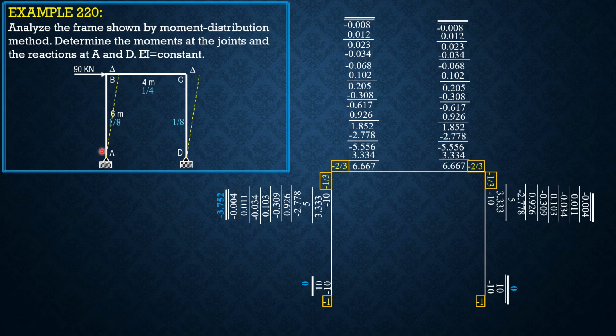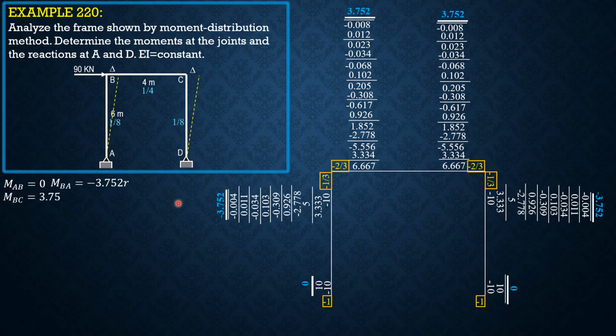Therefore, AX is 1/6 of MBA. Similarly, DX times 6 equals MCD, so DX is 1/6 of MCD.